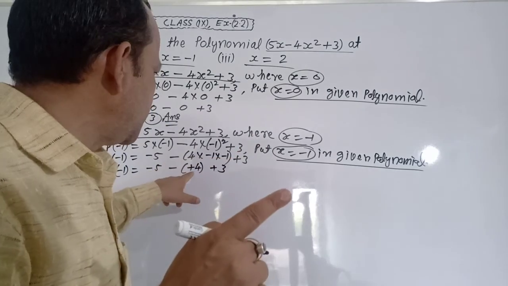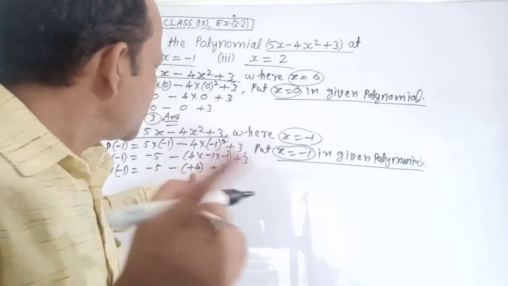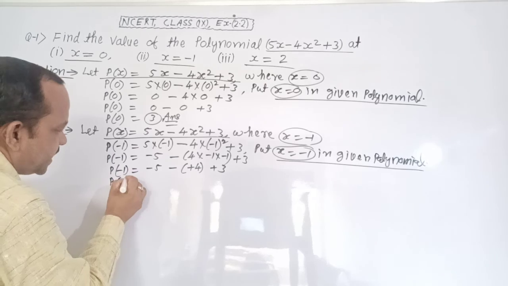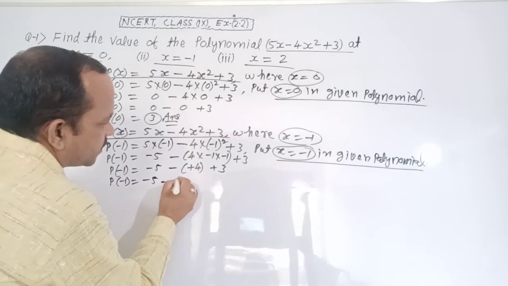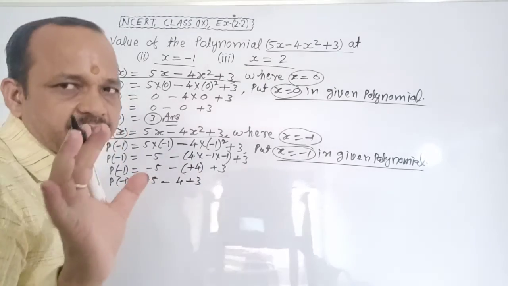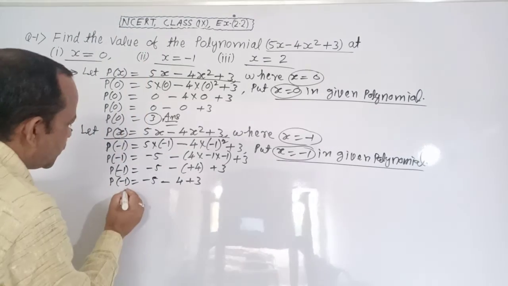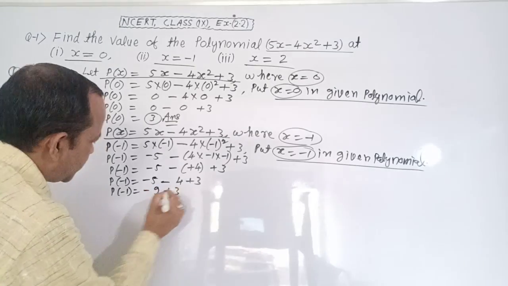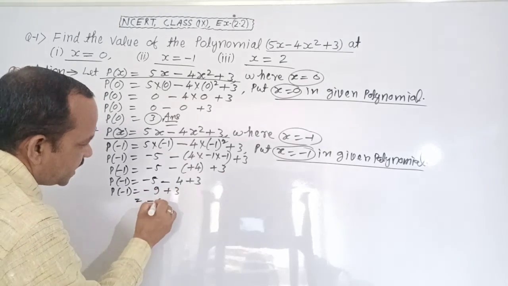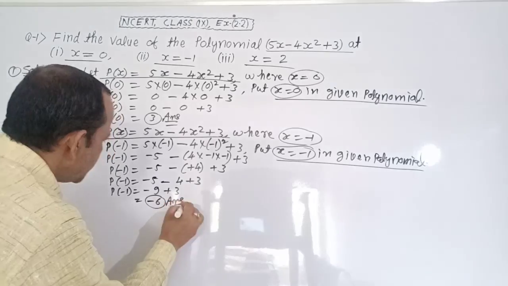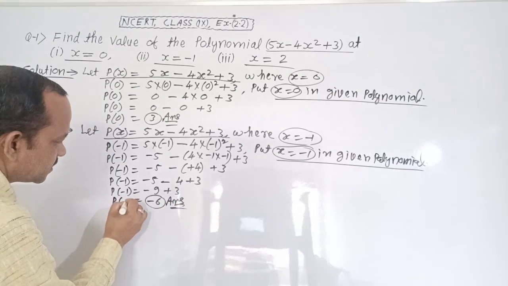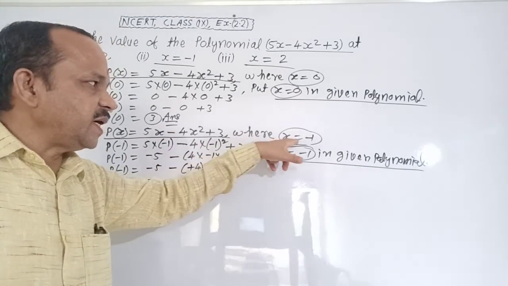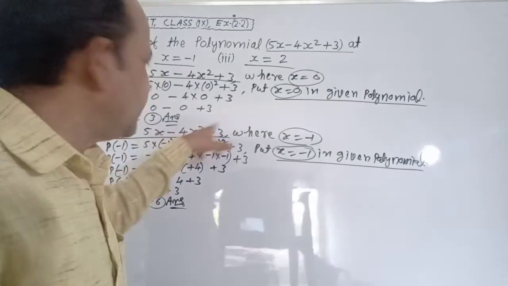Plus 1 multiplied by 4 becomes plus 4. Clear? You can write it as P(minus 1) equals minus 5 minus 4 plus 3. Minus 5 minus 4 becomes minus 9, plus 3 becomes minus 6. Answer. Your answer is minus 6. Clear?